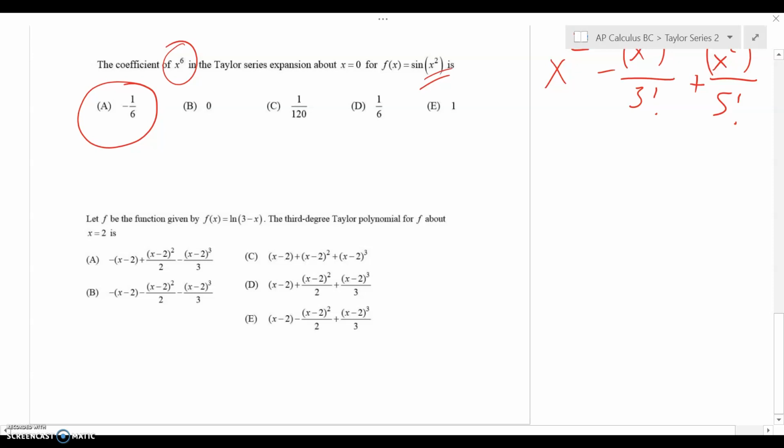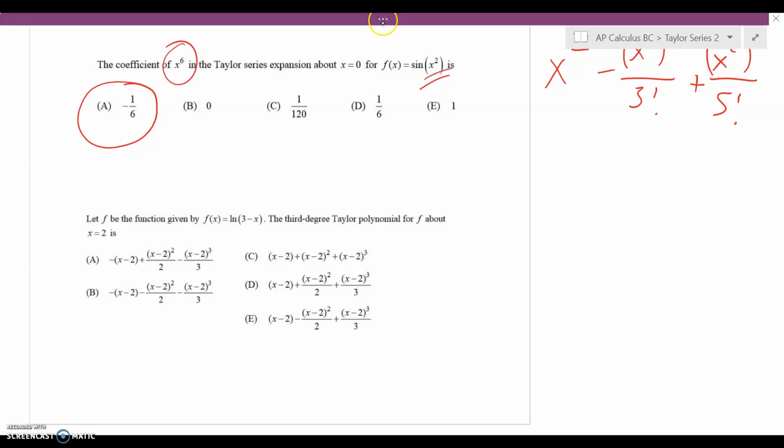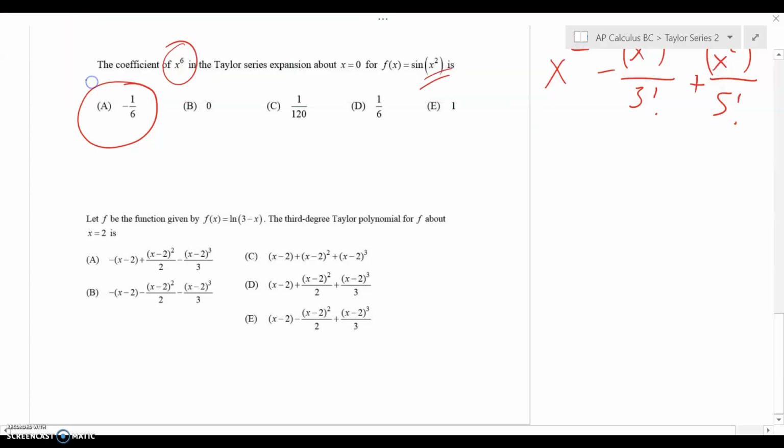The last one I've chosen, the last multiple choice, deviates a little bit from that. So I'll switch colors. We're looking for a 3rd degree Taylor polynomial, not a generic one, around x equals 2. You can see they all have the x minus 2 to the nth power, so that's not a separator in terms of what we're choosing. But what we're looking at is the function for 3 minus x.